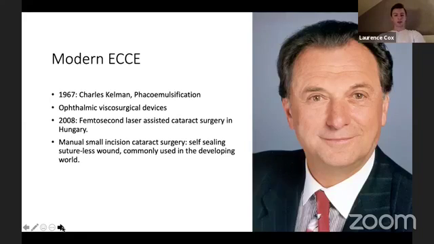First of all, I'd like to just say a quick word on manual small incision cataract surgery. This is increasingly popular in the developing world because of its low cost and lack of need for expensive technology. There's also a very small incision, which is a self-sealing sutureless wound.